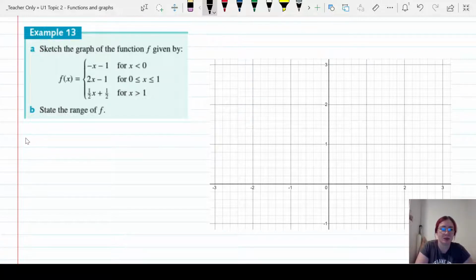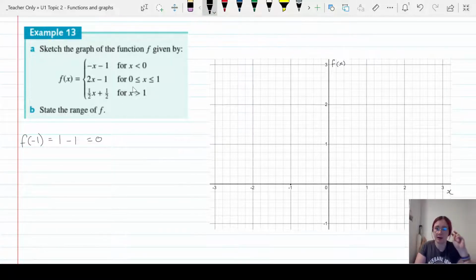So f of negative 1 is going to be negative x, so 1, minus 1, which is 0. So at negative 1, our value of f of x is going to be 0. So we know it's going to go through that point there.